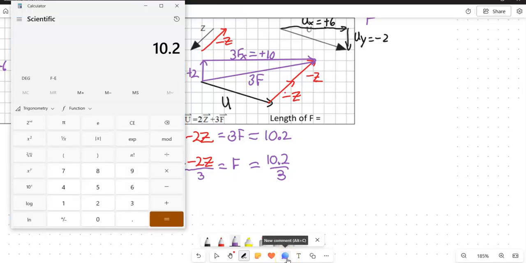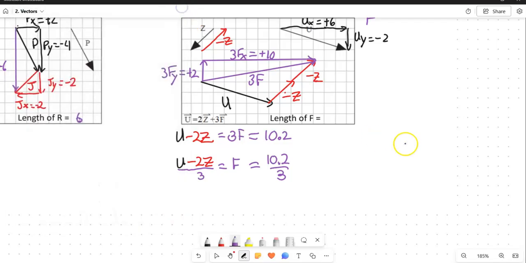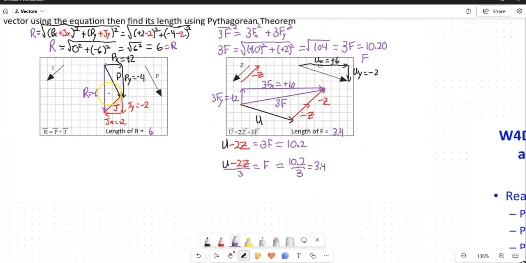Whatever 10.2 divided by 3 equals is 3.4. So this is going to be 3.4. And if I was you guys, I would do it this way. This one, obviously, I wouldn't have gone through all of this. I would just write that straight down and call it 6.